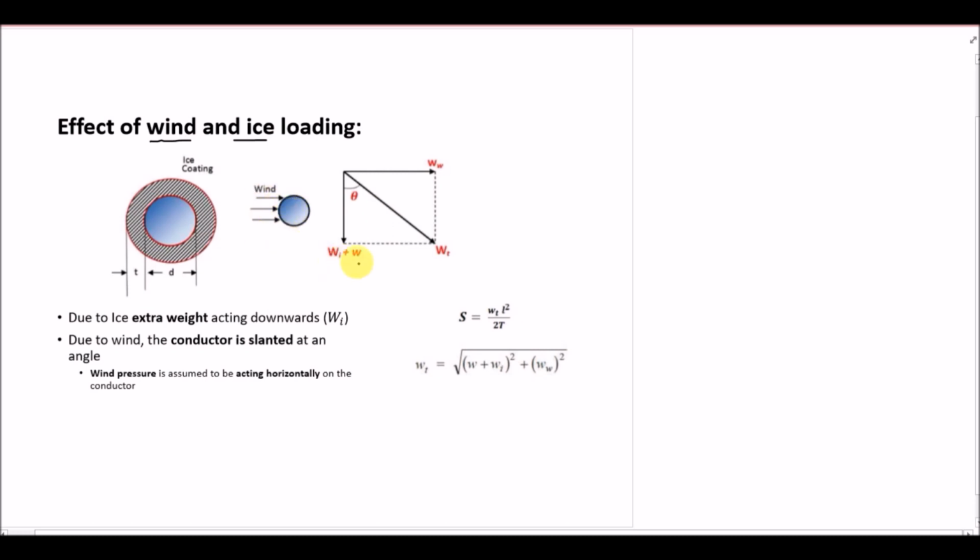So now the actual weight of the conductor is W, and if we add the ice weight, then the total weight acting downward is W plus Wi, and then we have a horizontally acting wind. So this is the pressure that is induced over the conductor by the wind.